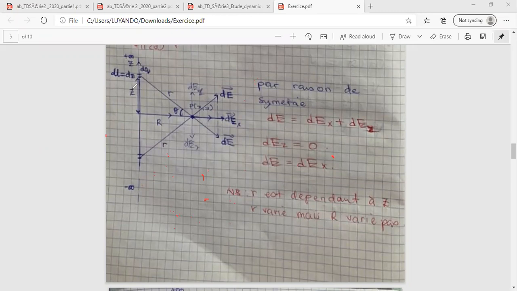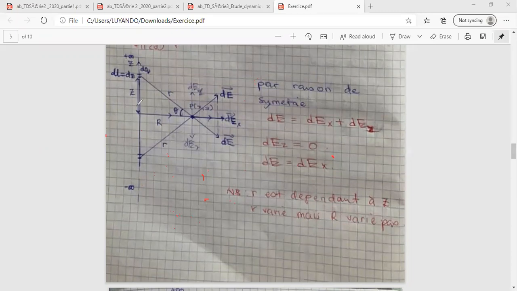So I'm expressing dz and dr in the function of theta. For dz and dr, I have my opposite and my adjacent, and the function that just deals with opposite and adjacent is tan.